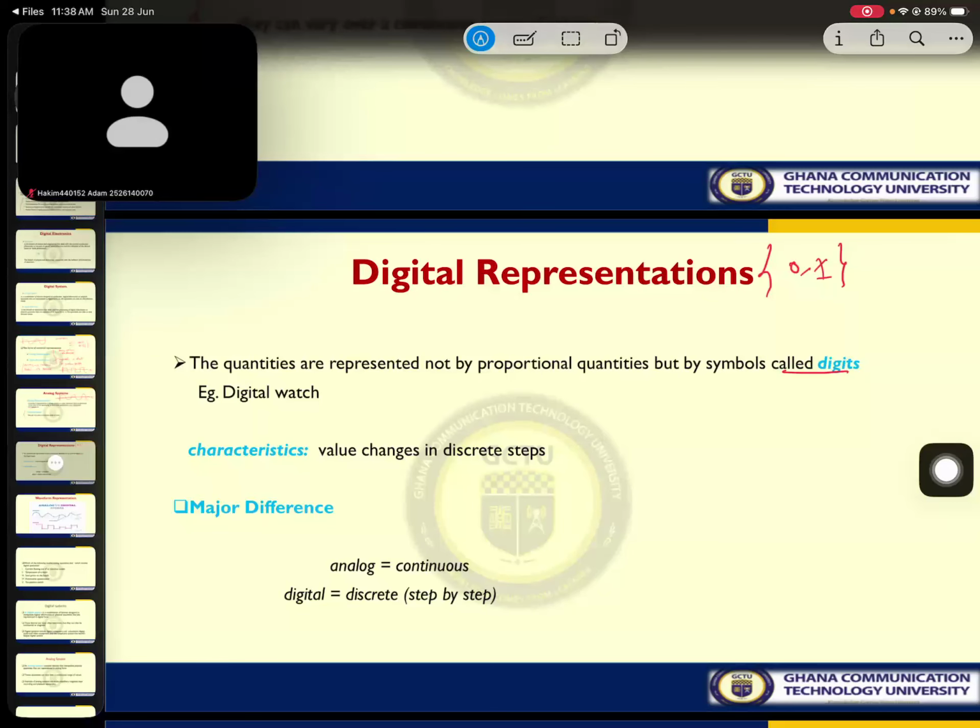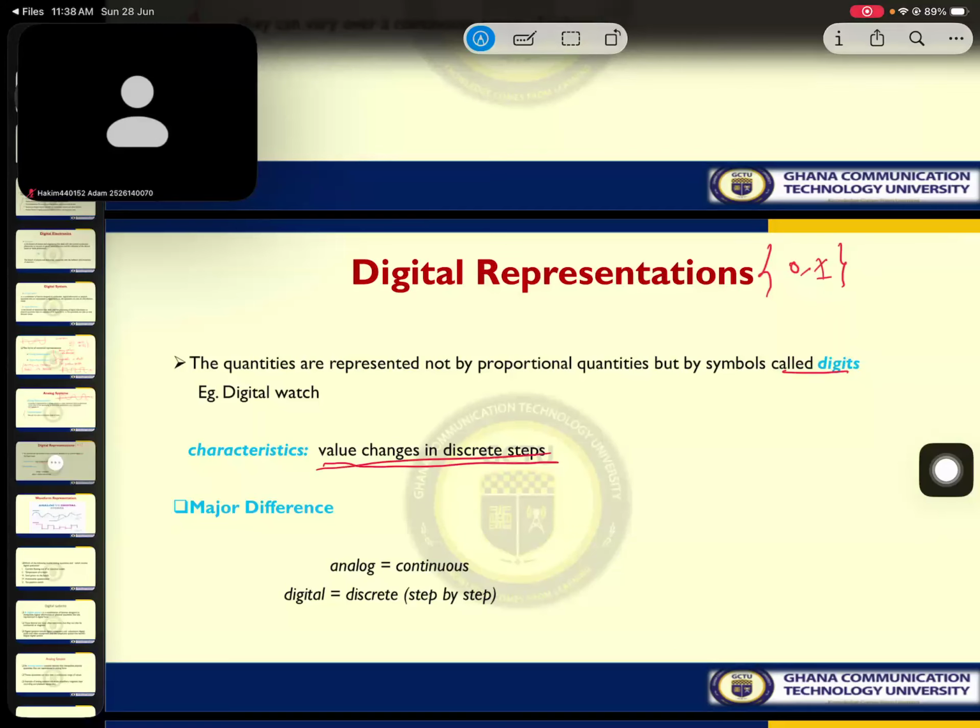Examples, as we said from the beginning, are computers, calculators, digital video equipment, modern telephone systems. All these are digital systems. So the value changes in a discrete form.